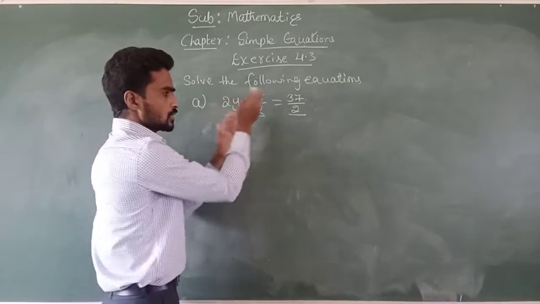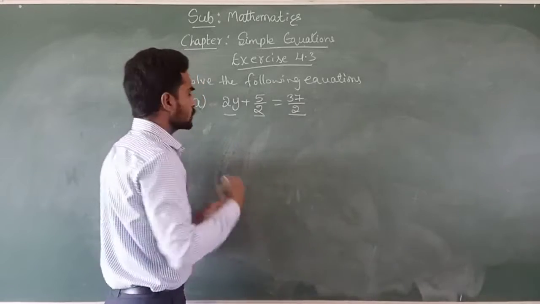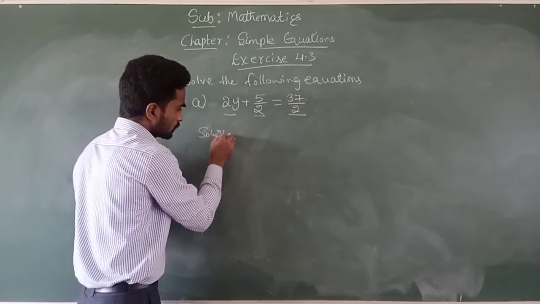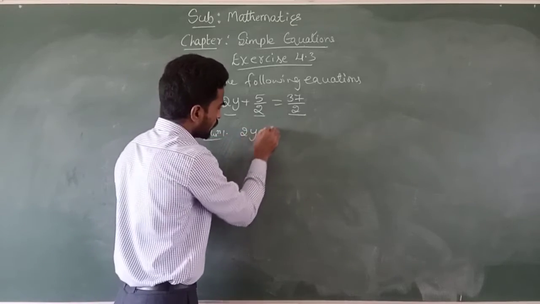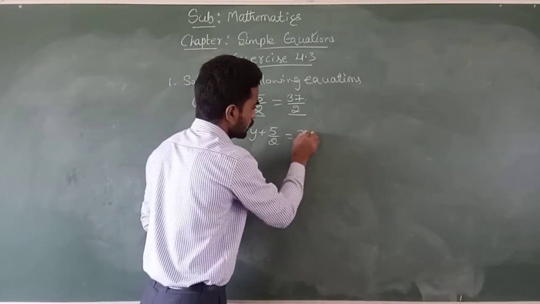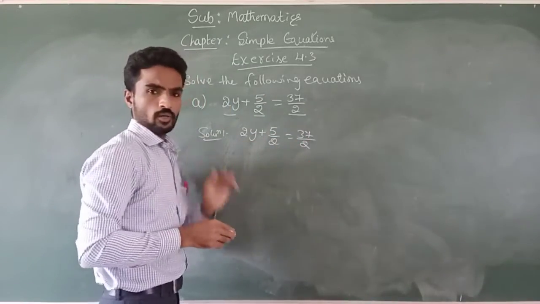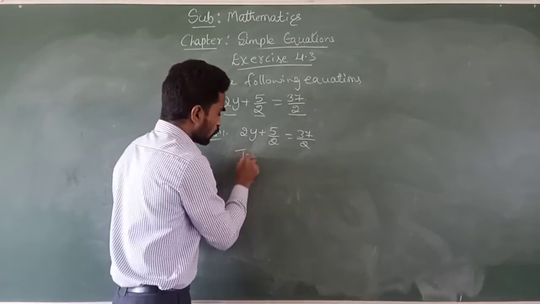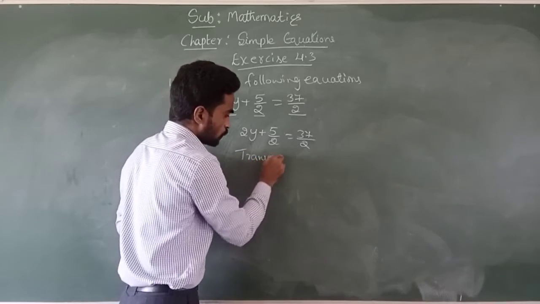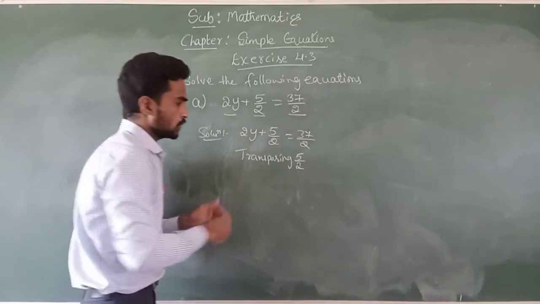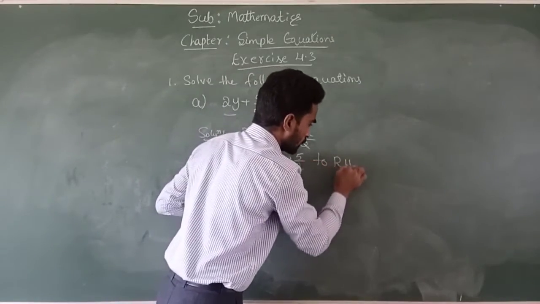Now I will solve this equation by the transposing method. Solution: consider the same equation again, 2y plus 5 by 2 is equal to 37 divided by 2. Now transposing 5 by 2 to the RHS side.